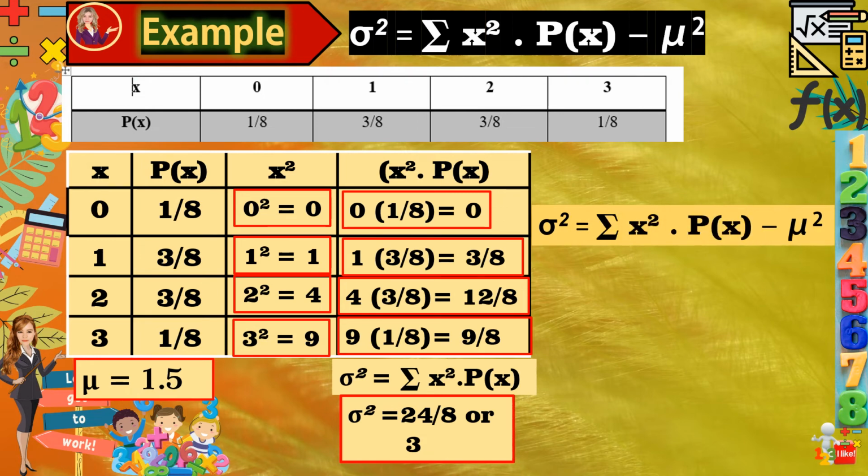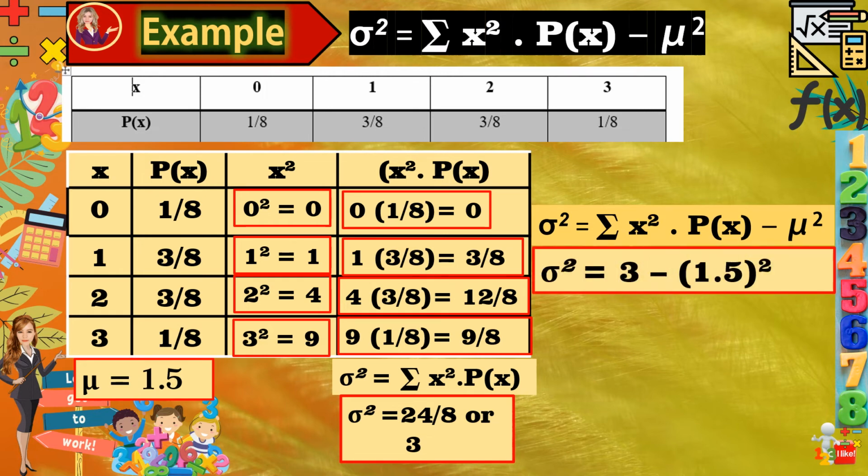Then let us proceed now to the given alternative formula. Sigma squared is equal to the summation of x squared times p of x, minus mu squared. This time, let us replace the given values for each. Summation of x squared multiplied by p of x is equal to 3.